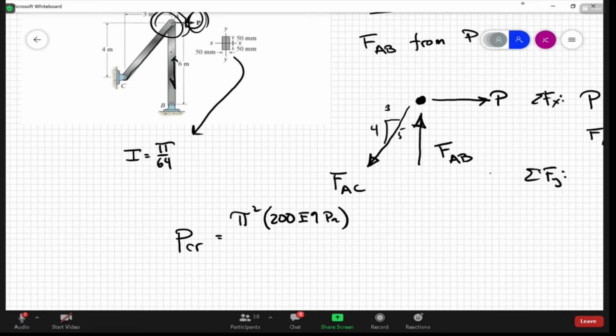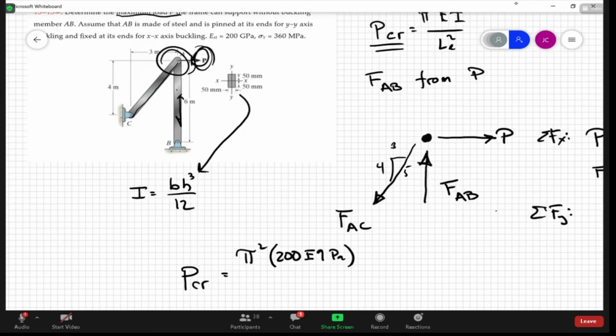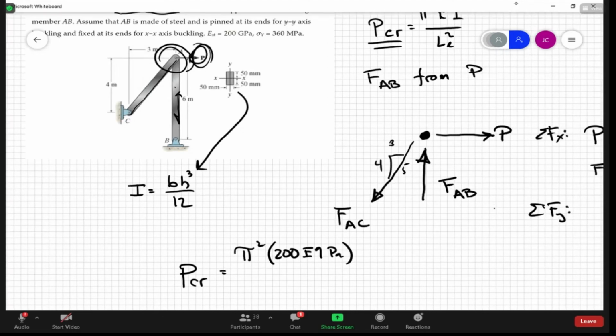Now here's the question: which I should we use? We know that I is base times height cubed over 12. So should we use the I for bending around the x-axis or the I for bending around the y-axis? You've got two choices.